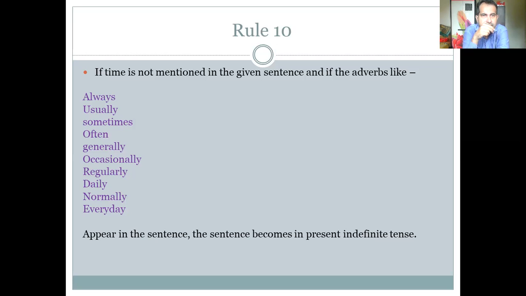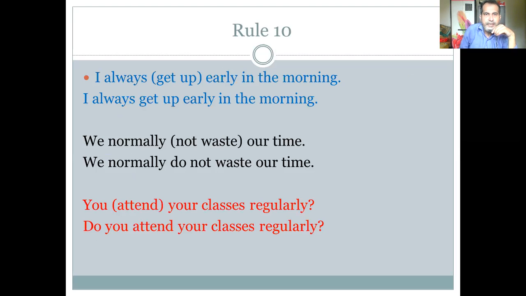If you see these adverbs in your exercise in your book, how will you make a solution to those exercises? We will discuss in rule 10. Always, usually, sometimes, often, generally, occasionally, regularly, daily, normally, every day. So if you get these words in your exercises, this is how we solve them.